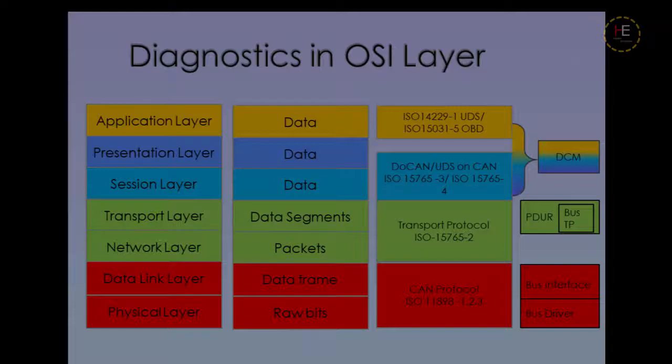The protocol is the transport protocol, ISO 15765, that is ISO TP. This functionality is achieved by the PDUR and the CAN TP module. And the presentation layer is not needed in the case of the diagnostic stack.